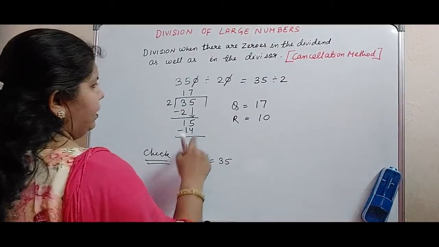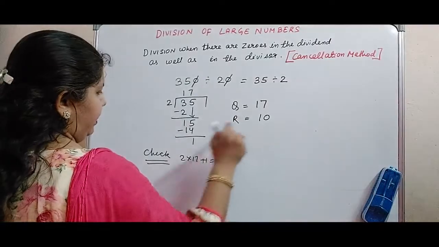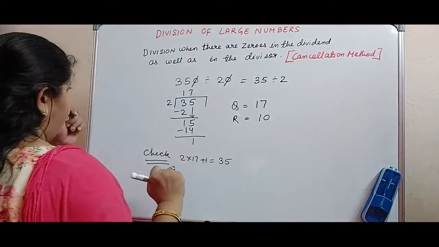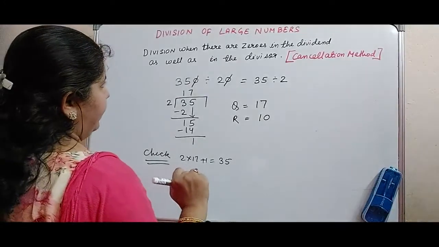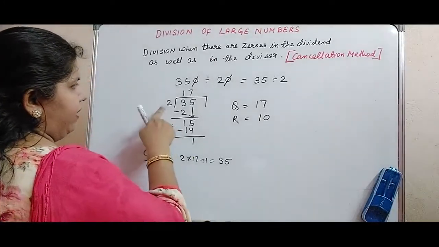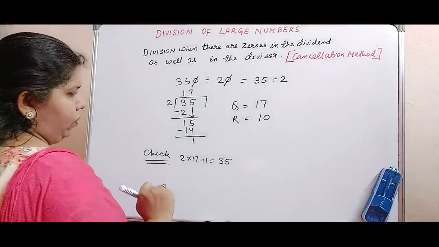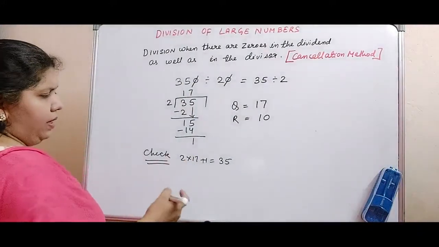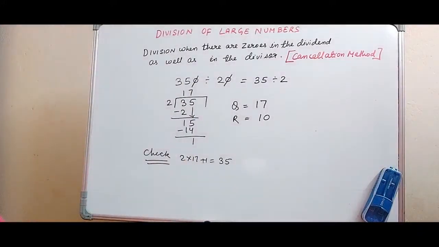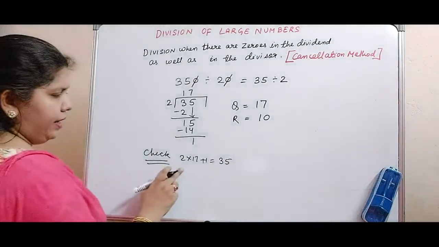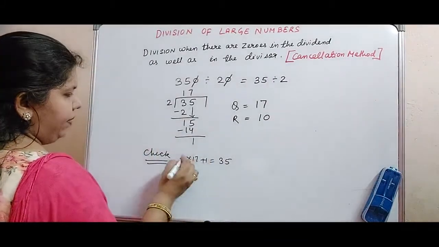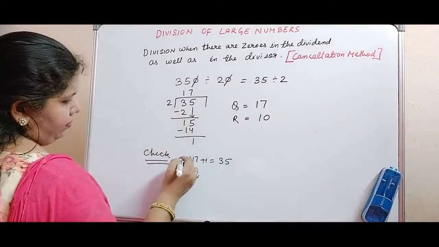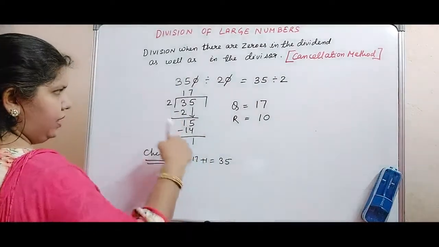You have to go with remainder 10, and the divisor will also be 20. Here also in the checking part, it should not be 2 into 17, but actually 20.